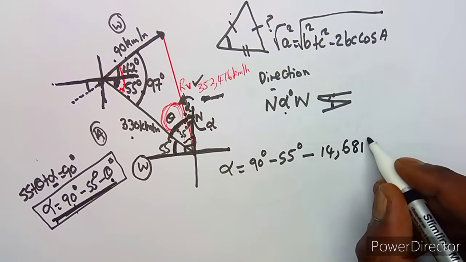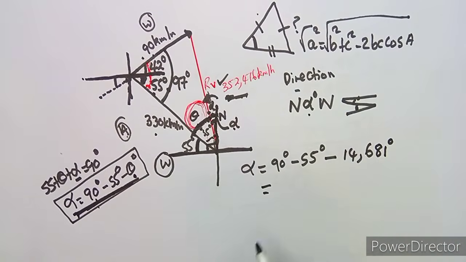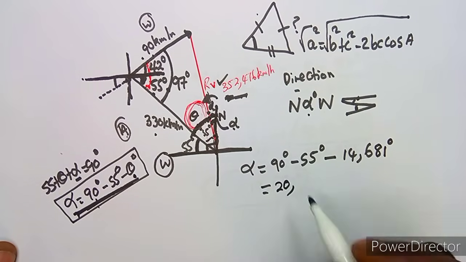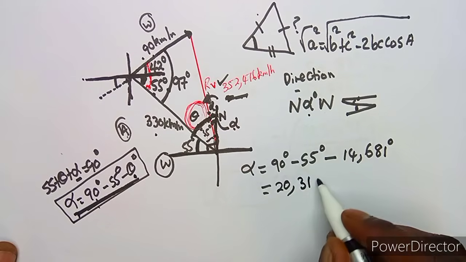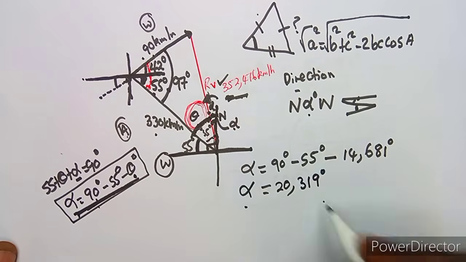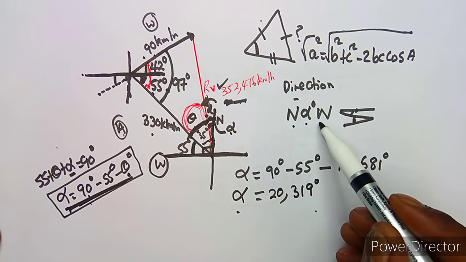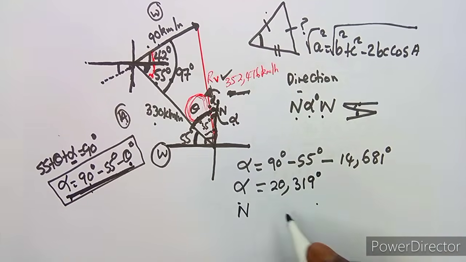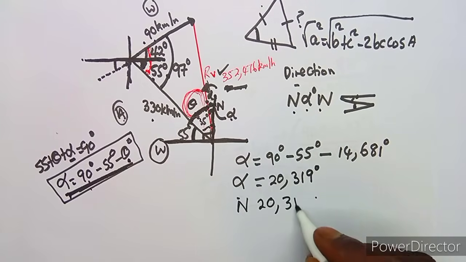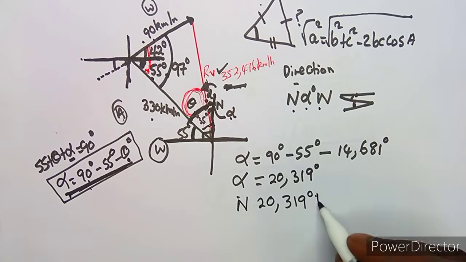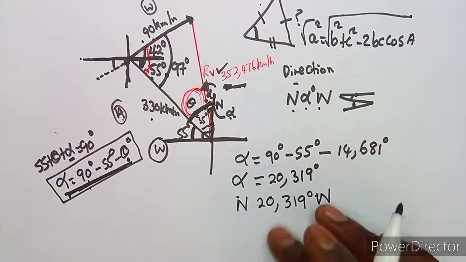All right, so we subtract this, so that will be your alpha, which is something like 20,319 degrees. Okay, so that is our alpha, which is our direction. So therefore our direction is going to be north alpha degrees, like that, north 20,319 degrees going to the what, to the west. So that is what you're going to have.